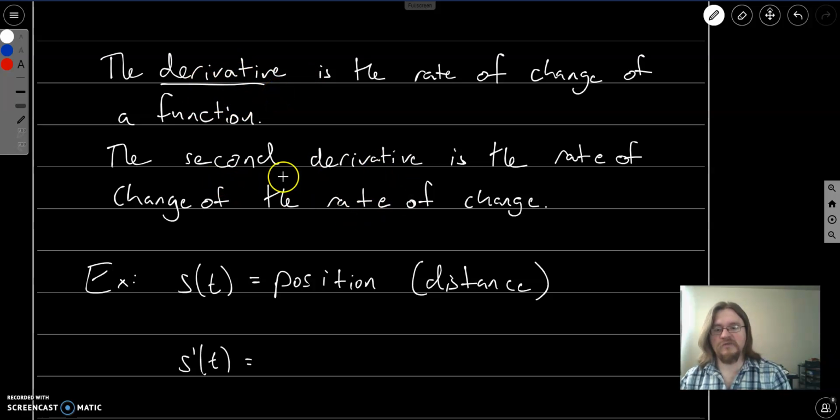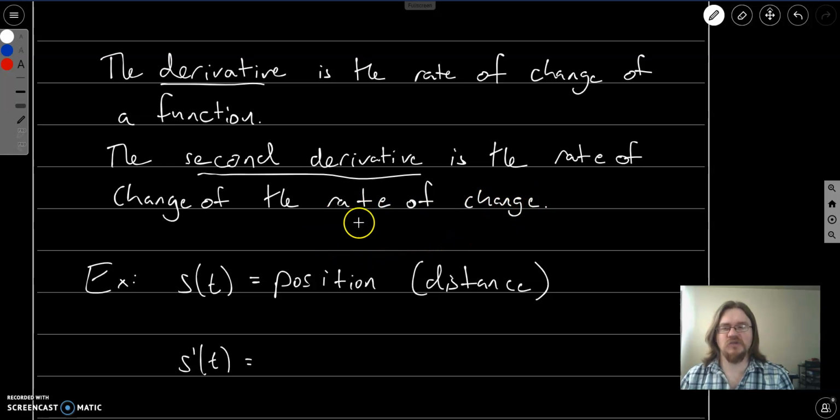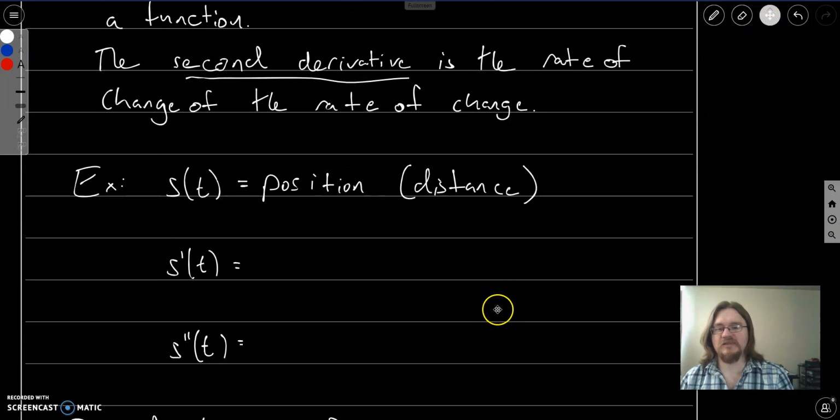The second derivative, if we take the derivative of the derivative, is how fast the rate of change is changing. If we have a rate of change and it's changing, what does that mean? I think the best way to explore this is to look at a very common second derivative in, say, physics.